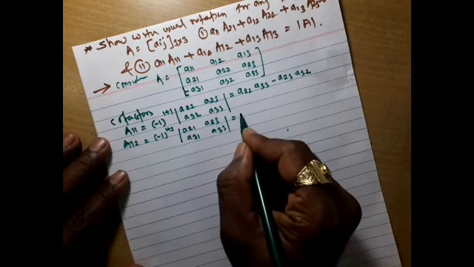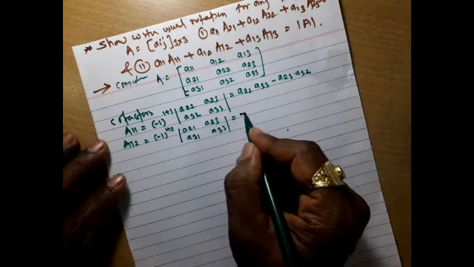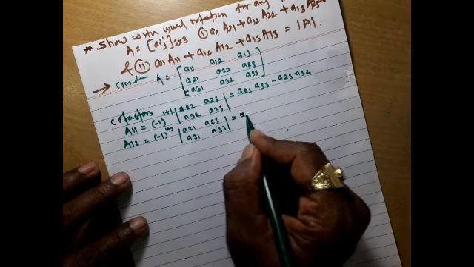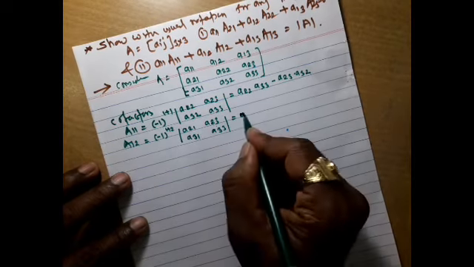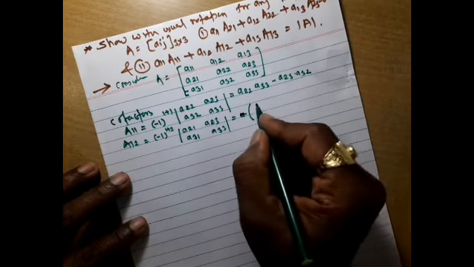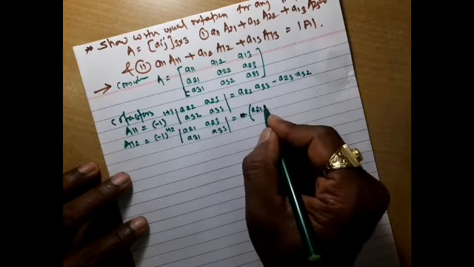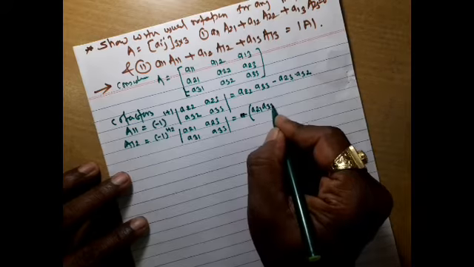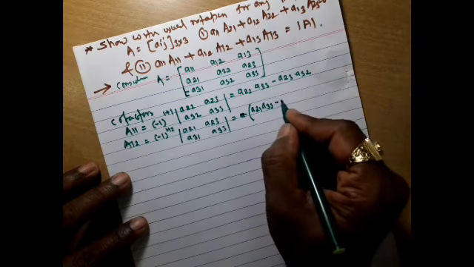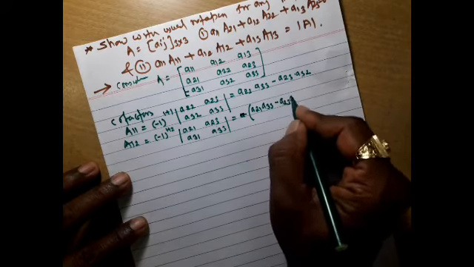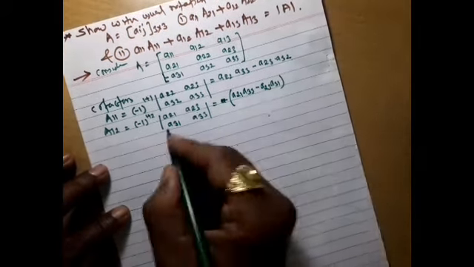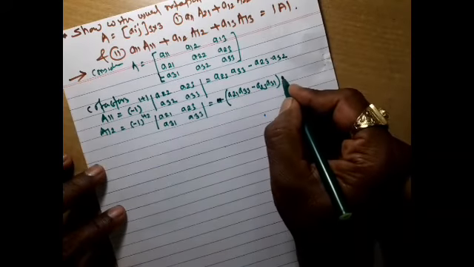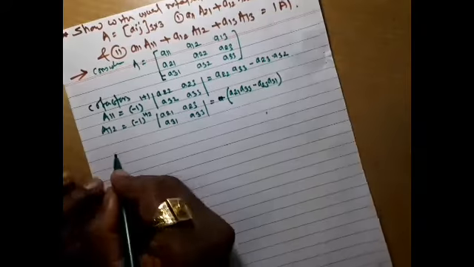This is equal to minus, taking the minus sign inside, a21 a33 minus a23 a31. By changing the minus sign, this will be interchanged.